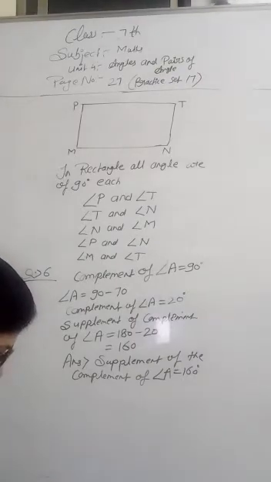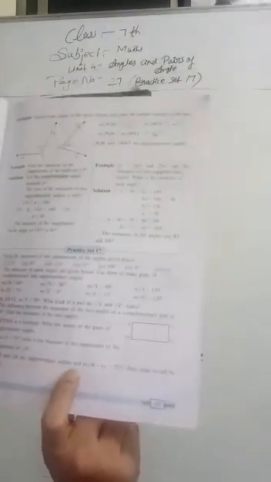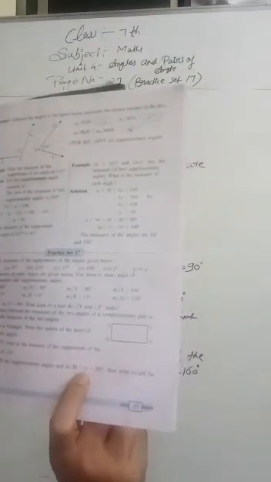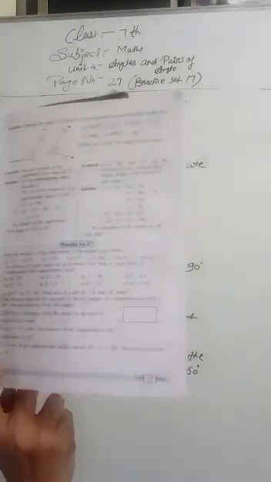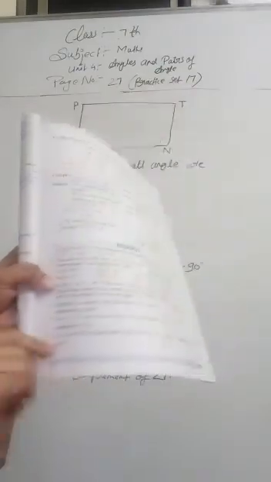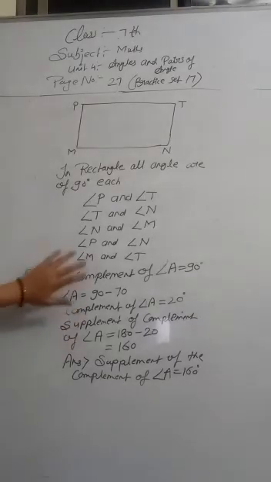Now question number 7 is: if angle A and angle B are supplementary angles and measure of angle B equals x plus 20 degrees, then what would be the measure of angle A? You can write these questions in your notebook.